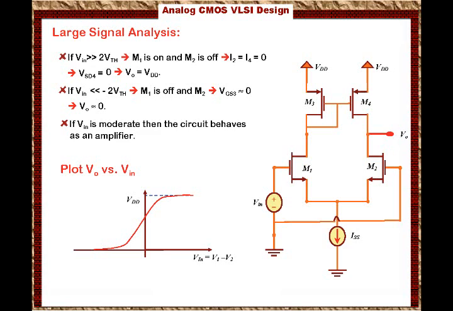In some applications, we would like to use two power supplies to power the circuit. For example, we can use VDD and minus VSS. Plus 5 volts and minus 5 volts can be used as power supplies. Or in some other applications it can be 0 to 5 volts or 0 to 3 volts. If the circuit uses a negative power supply, then the bottom clip will be at that negative value.